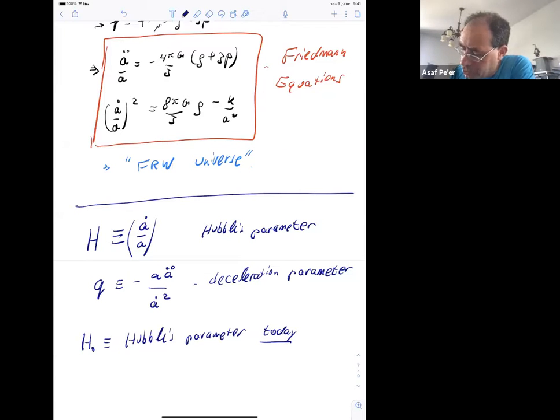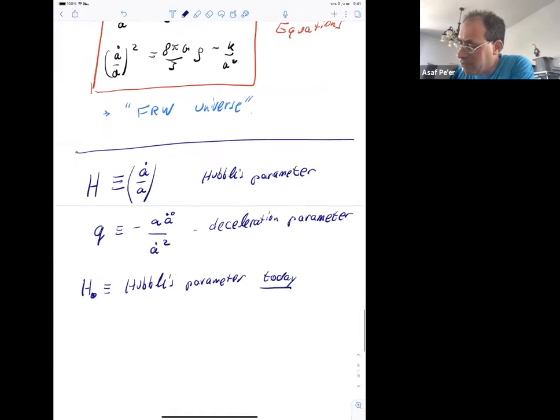So everything which is today in cosmology is denoted with a small 0. Okay, so the reference time today is 0. This is called Hubble's constant, which is great because there's nothing constant in it.